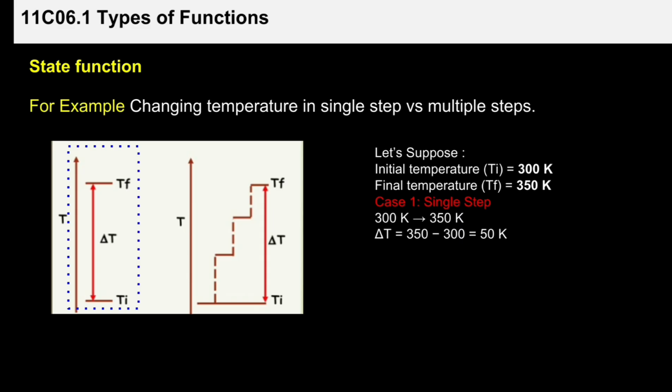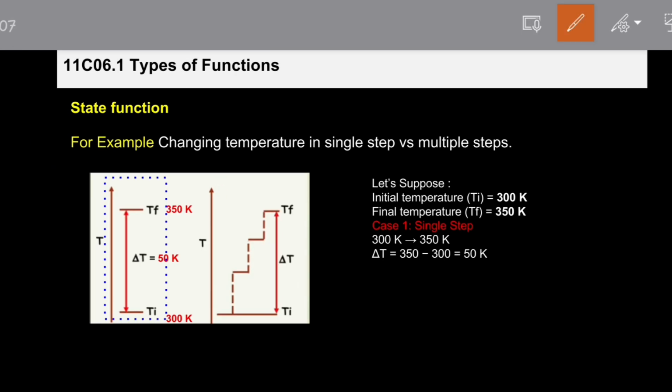Let's consider two cases. First case, temperature change in a single step, and second case, temperature change in multiple steps. Let's suppose the initial temperature is 300 Kelvin and the final temperature is 350 Kelvin. In the first case, the temperature changes from 300 Kelvin to 350 Kelvin in a single step, so the total temperature change is 50 Kelvin.